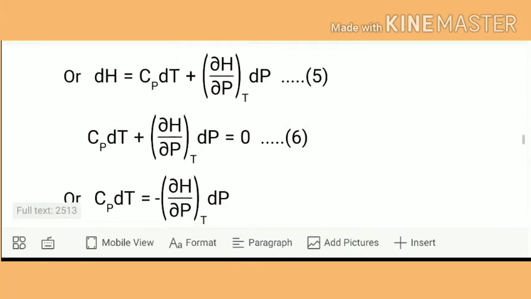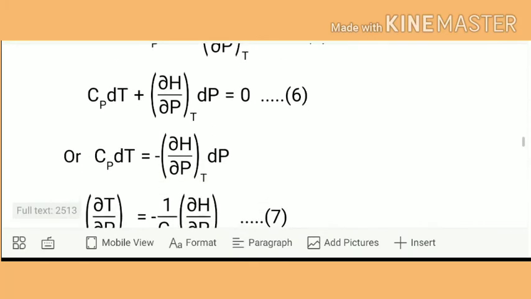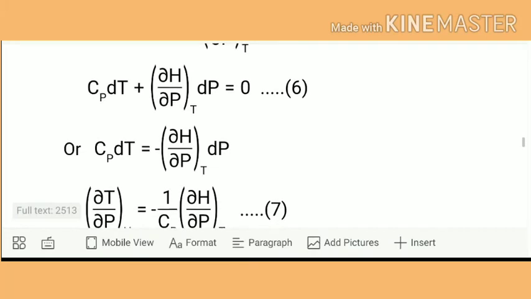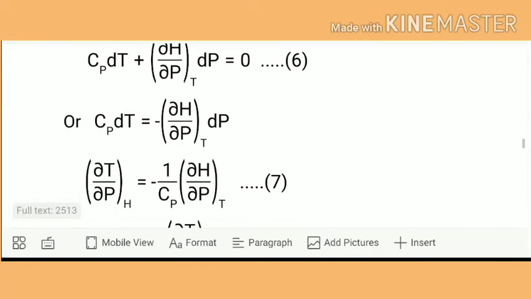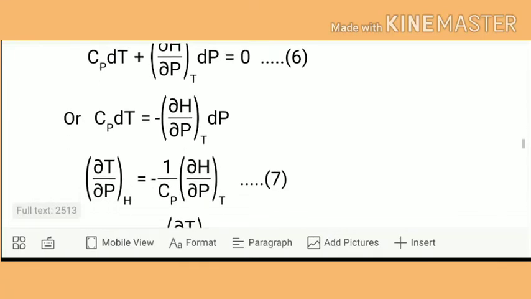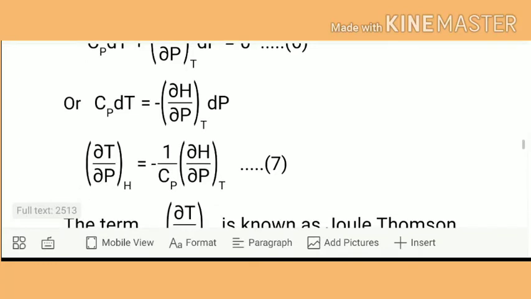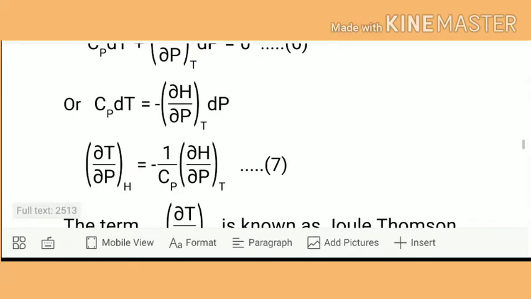By rearranging equation 6, we get Cp dT is equal to minus del H upon del P at constant temperature dP, and finally we get equation number 7: del T upon del P at constant enthalpy is equal to minus 1 upon Cp del H upon del P at constant temperature.